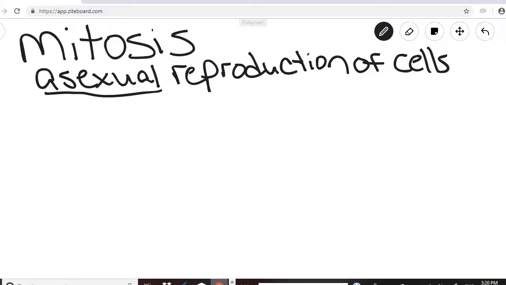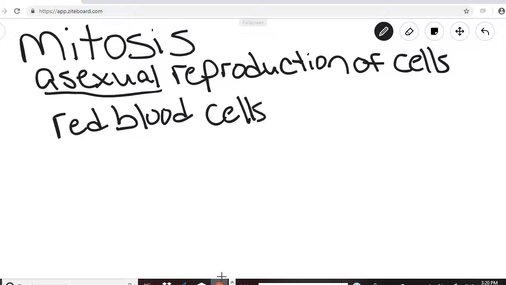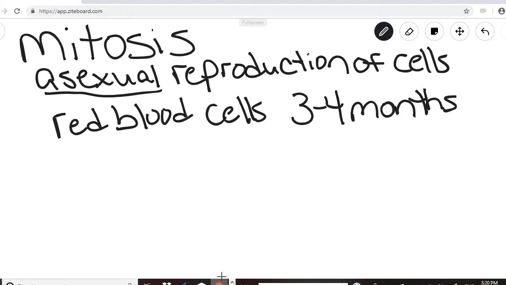So your red blood cells live only about 3 to 4 months. So your body is having to constantly be replacing red blood cells that have died, and they do that by mitosis.